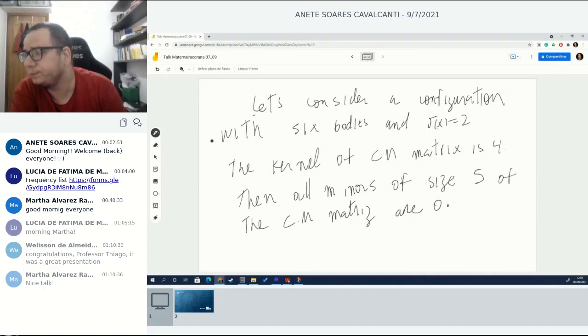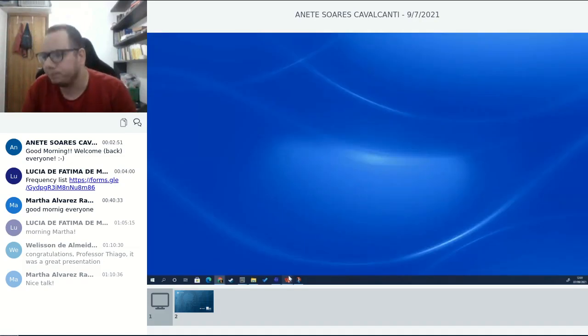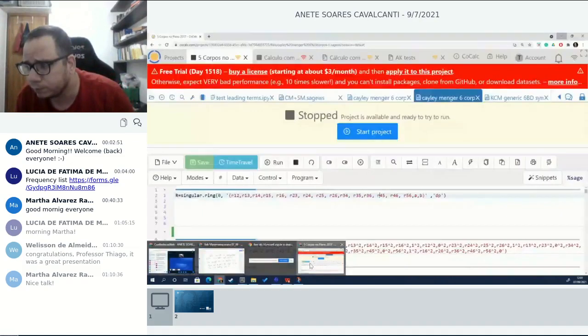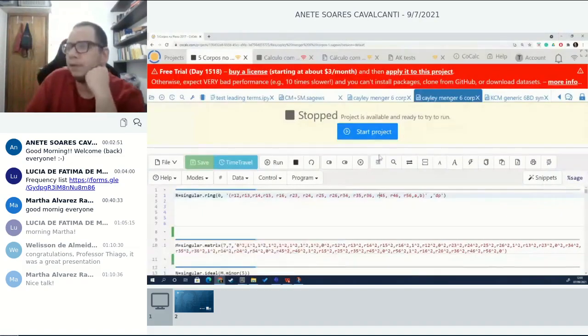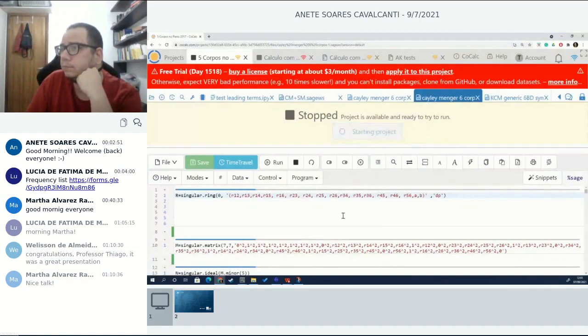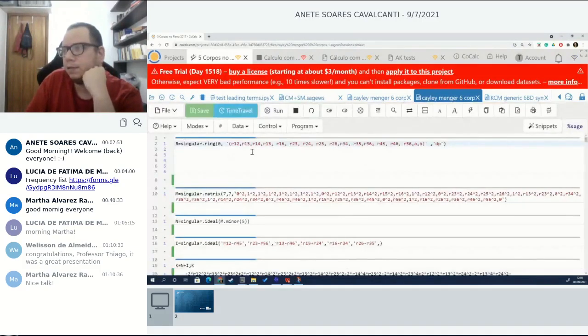are 0. Then we can obtain mutual distance equation for this central configuration. In here we have an example in the computer. In here we have the mutual distance for central configuration. This is the mutual distance.